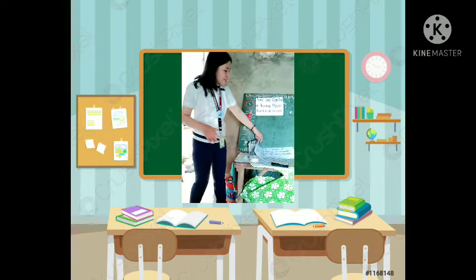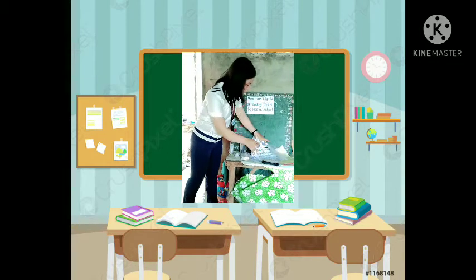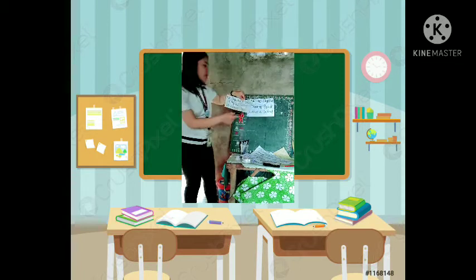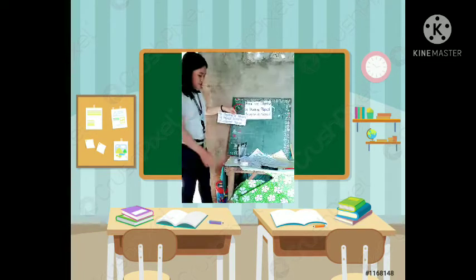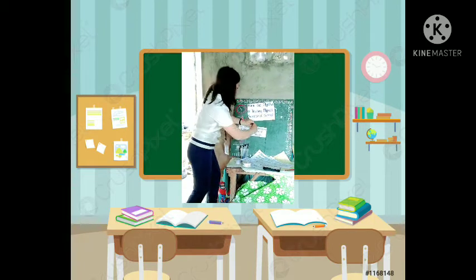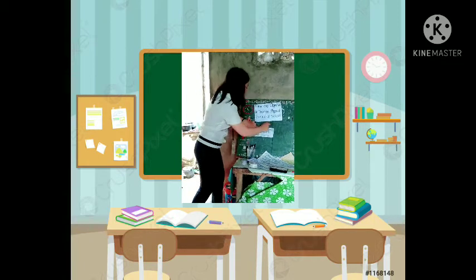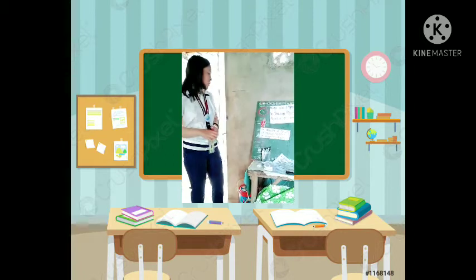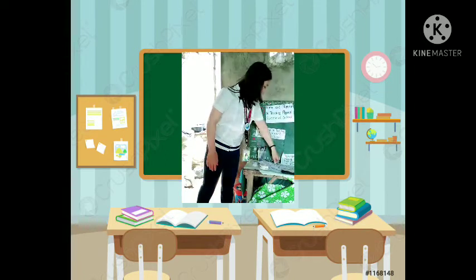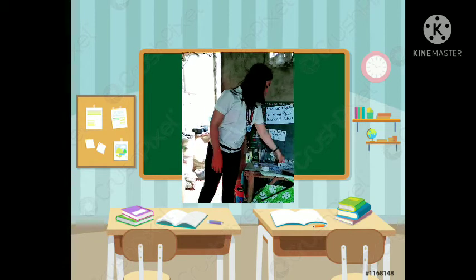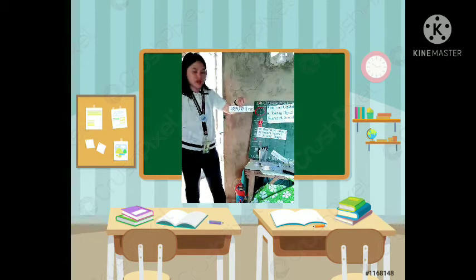Let's proceed to the objectives of teaching physical science at different stages. There are three stages. First is the primary level.